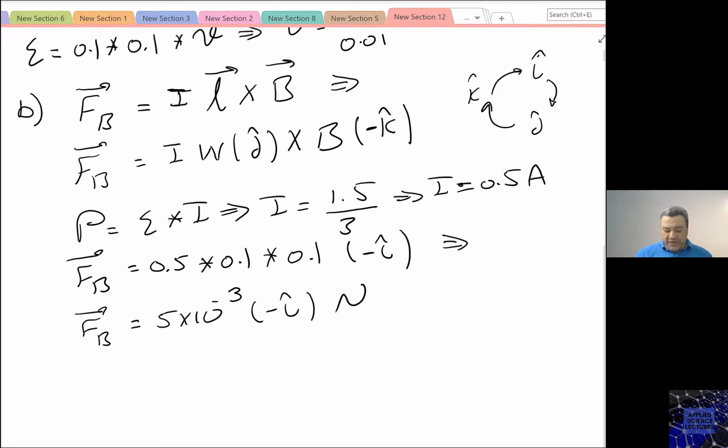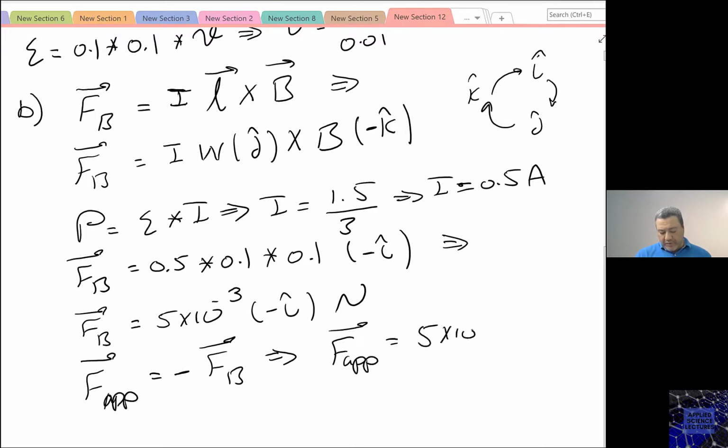If V is constant, then the applied force is minus FB, which means that the applied force equals 5 times 10 to the power minus 3 I hat Newton.